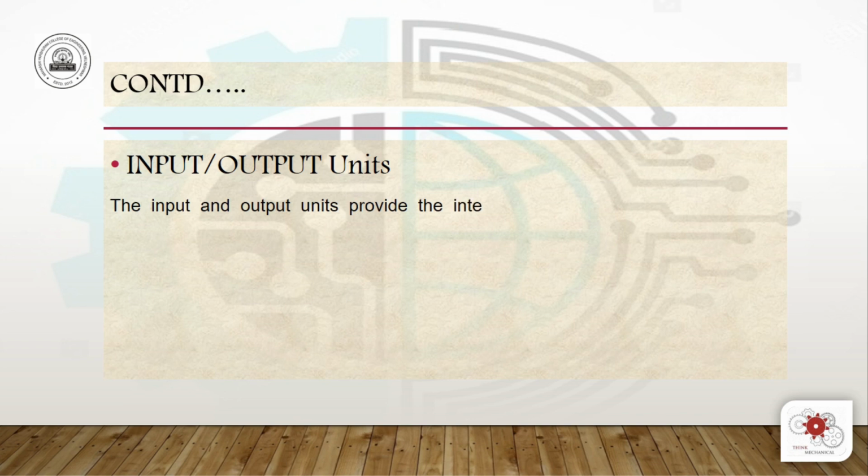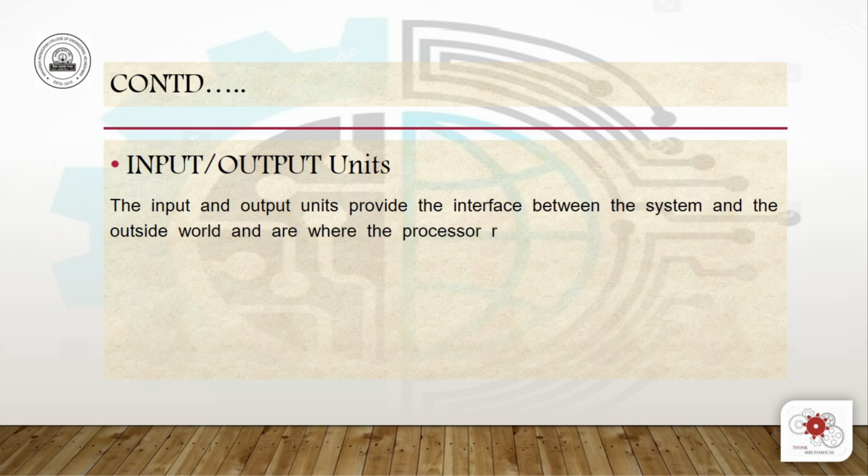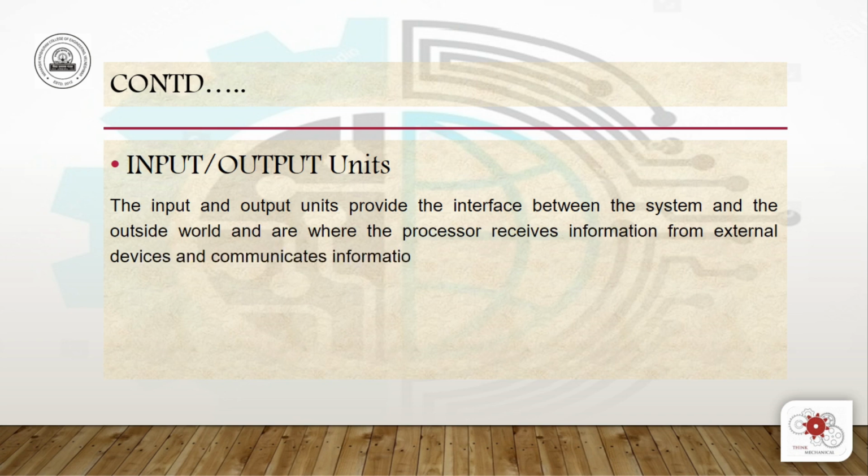It means that whatever input we provide to the PLC or to the system, the processor receives it from the external source, that is, the operator or the system under automation process, and it will give the output after performing certain operations to the display unit. So that is nothing but your input and output unit.